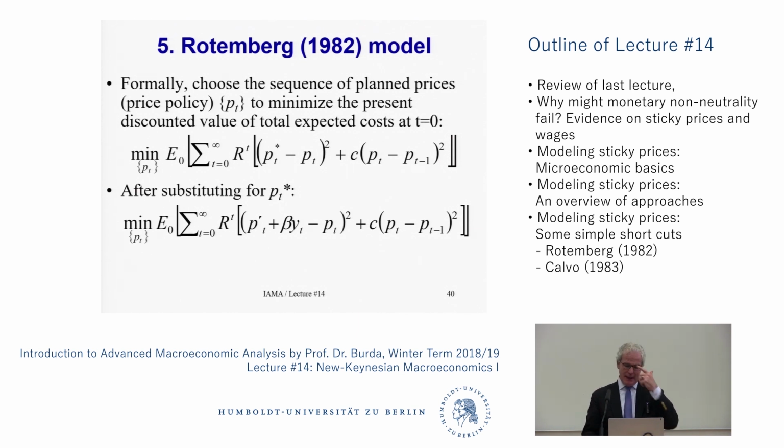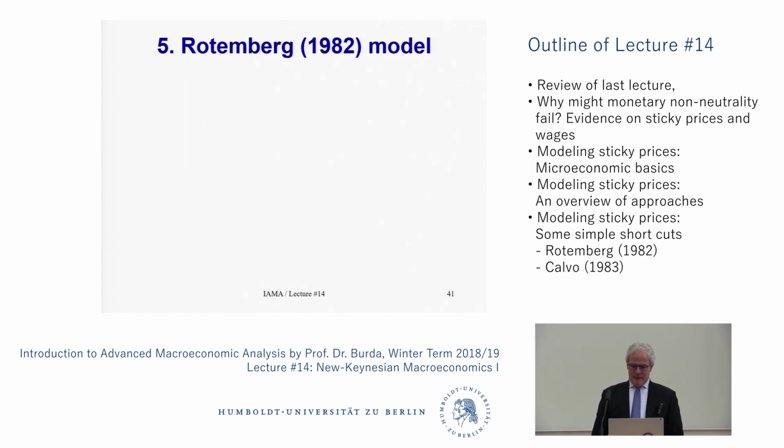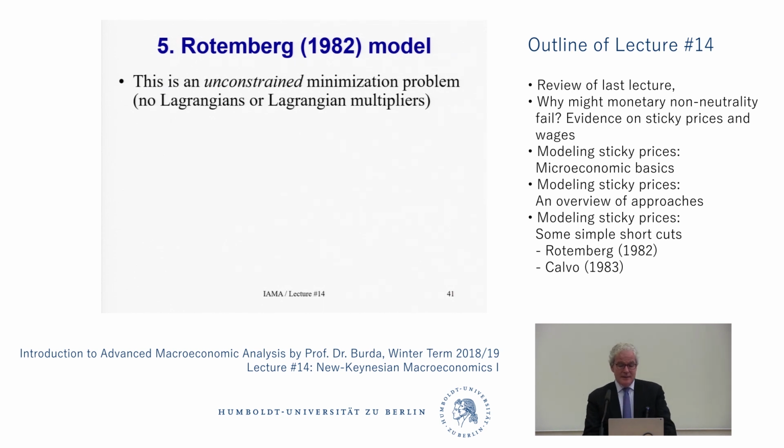Because if I go too fast, I pay a price. So this is an unconstrained maximization problem because I've substituted the relevant constraint, which was the optimal price. I just plugged it in. So it's unconstrained, and it's a quadratic problem, so it's really easy to solve.